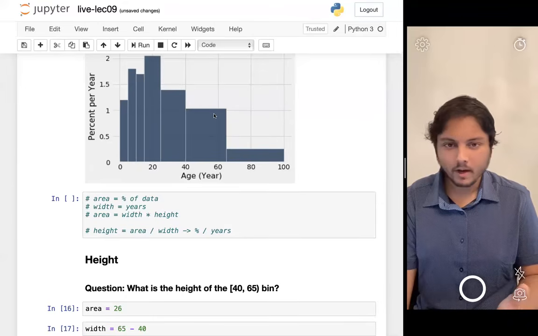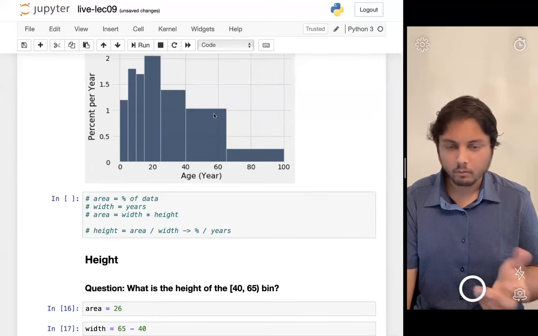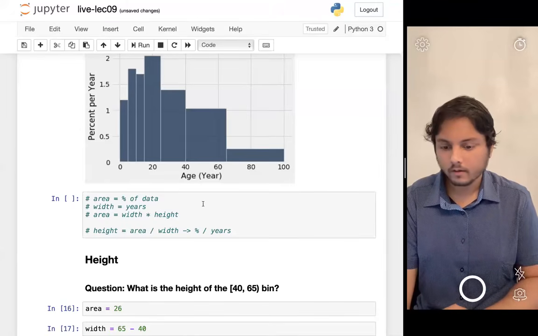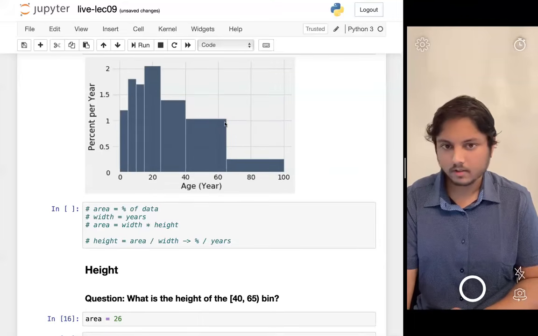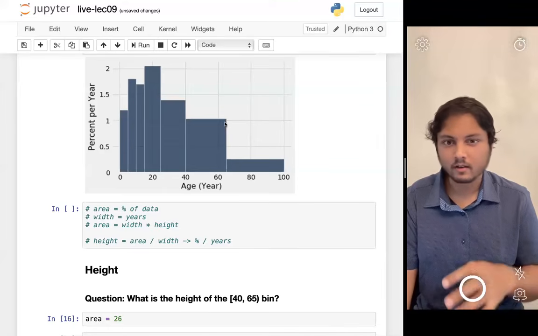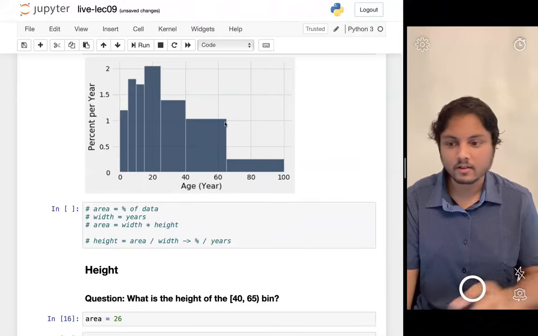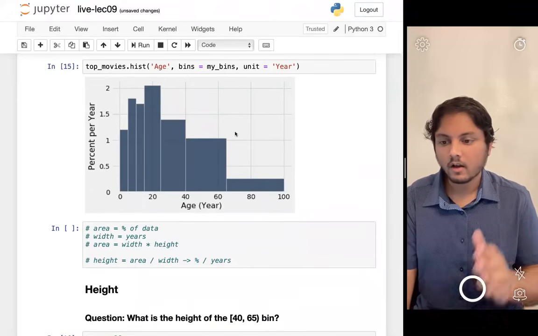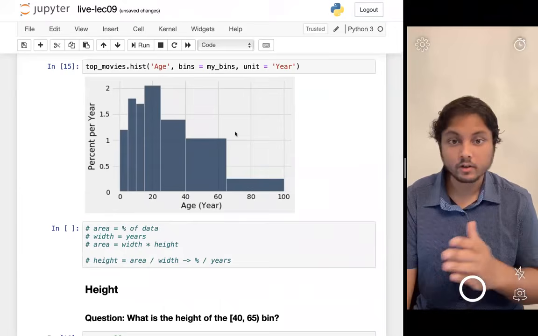And so that would be kind of weird. What does that mean? 1.04% per year. One way to think about it is that the height basically measures density, or one way to think about it is crowdedness. It's giving you a sense of how many movies there were per year during that time span.